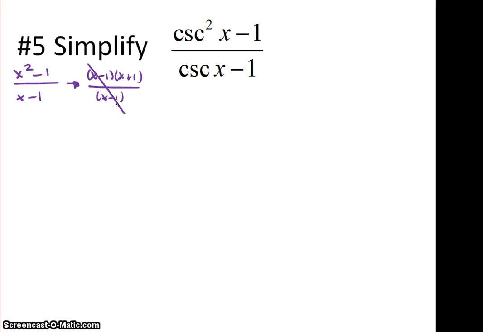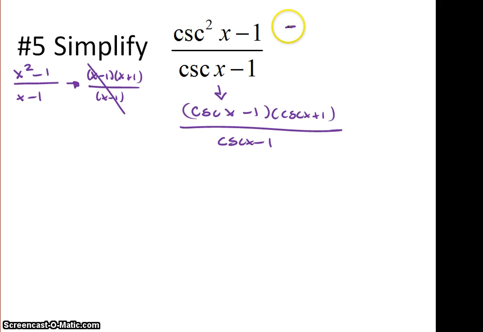We're going to do the same thing with our trig, except we have cosecants. When we factor the numerator, we have cosecant x minus 1 times cosecant of x plus 1, and the denominator stays the same as cosecant of x minus 1. This top is the difference of squares, which is just one of the factoring patterns from Algebra 1.